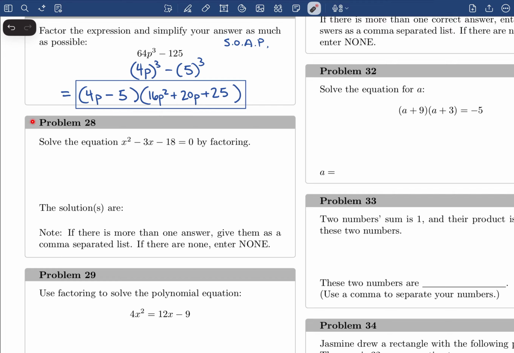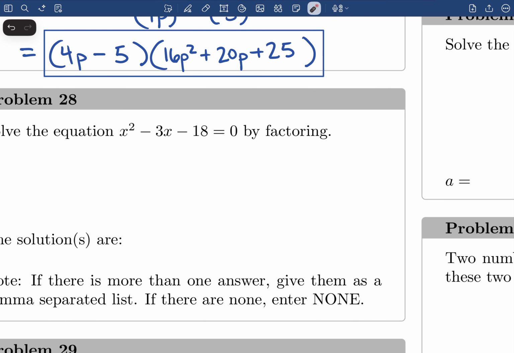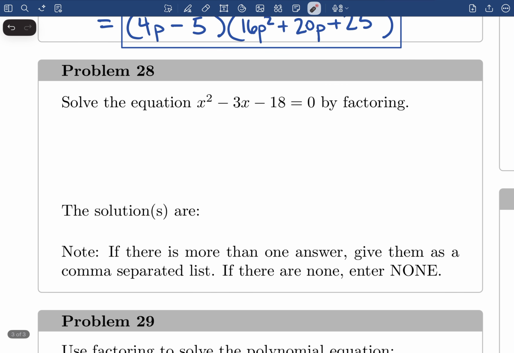Problem 28, solve the equation x squared minus 3x minus 18 equals 0 by factoring. All right, so we have a quadratic equation. Now in class, in our lessons, we learned, hey, we've got to set a quadratic equal to 0 to use the zero product property.